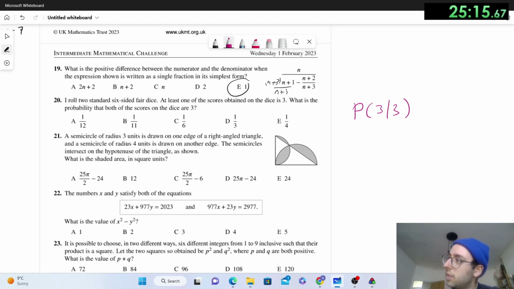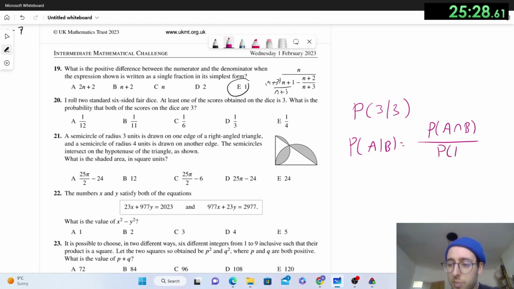Why am I overcomplicating this like crazy? The probability of A given B is the probability of A and B divided by the probability of B. So the probability of a 3 given a 3 is the probability of 3, which is 1 over 36, divided by the probability of B. The probability of just getting a 3 is a 6th.